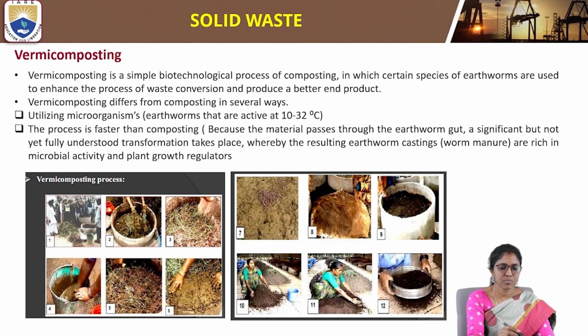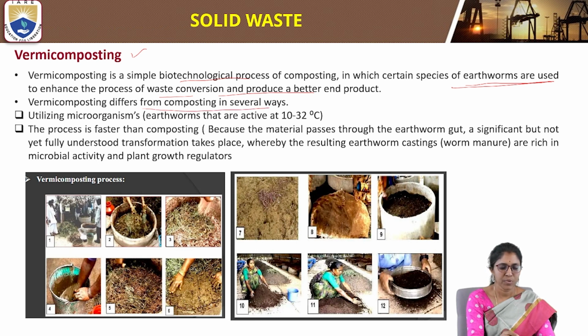The next process is vermicomposting. Vermicomposting is a simple biotechnological process of composting in which certain species of earthworms are used to enhance the process of waste conversion and produce a better end product. Vermicomposting differs from composting in several ways.